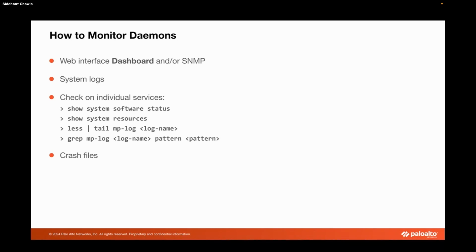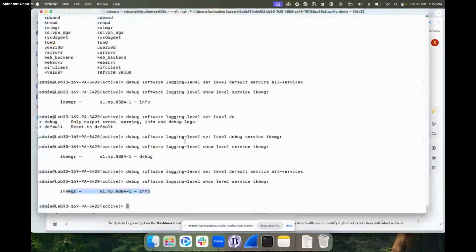You can run the commands show system software status and show system resources. If you want to go through the service log of a daemon, use less or tail mp-log and the service log name. And if you want to check for a specific pattern in the log file, you can run the grep mp-log command. Right. So show system software status, I'll show you how the output looks.